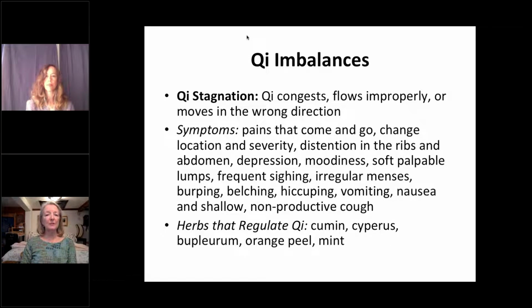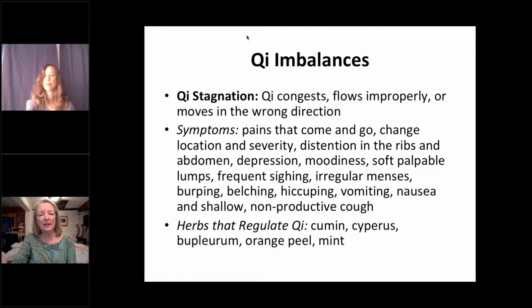Now, as I mentioned before, briefly, we can have qi stagnation. This is another imbalance. This is where the qi is getting stuck, and it's either flowing improperly or not flowing well at all, or congesting in a particular direction. So when qi stagnates, it's very much like rush hour traffic, stopping and starting.